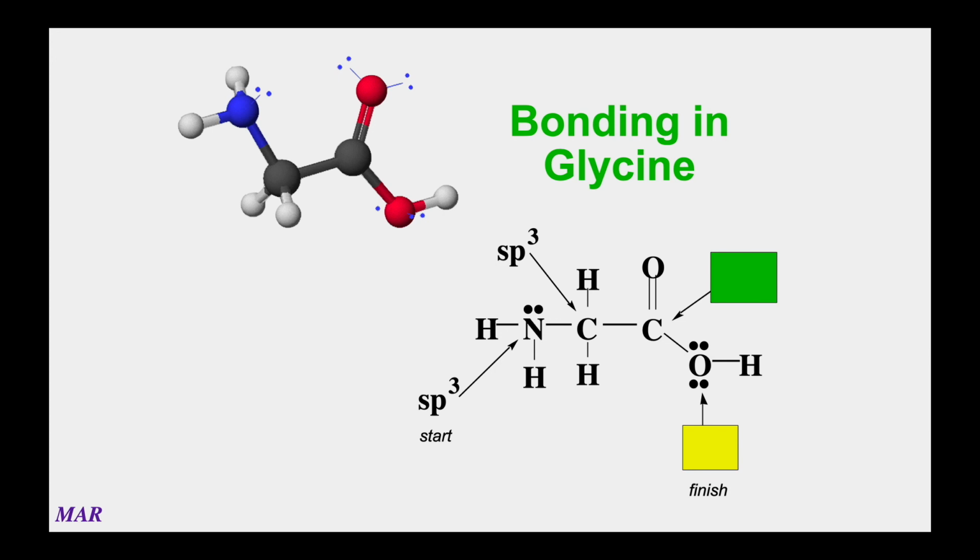Now, remembering that double and triple bonds count as one cloud. The double bond is one cloud, the bond to the single oxygen is one cloud, and the bond to the carbon is one cloud. That's 3 clouds. So 3 clouds means trigonal planar, and anytime trigonal planar, sp2.